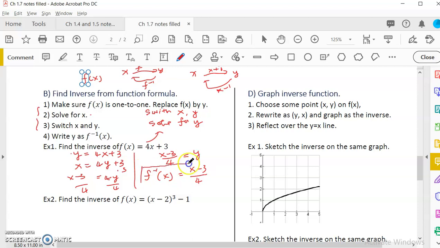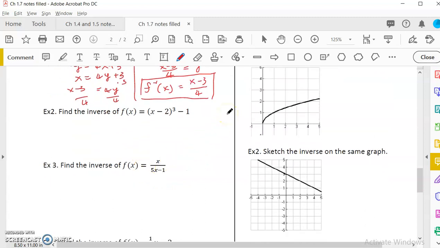So that is the inverse function. The original function is 4x plus 3. The inverse function is x minus 3 over 4. Every time I start with something, for example, if I have x equal to 0, y is 3, right? So if I have 3, I do 3 minus 3 is 0. So I get back to 0.